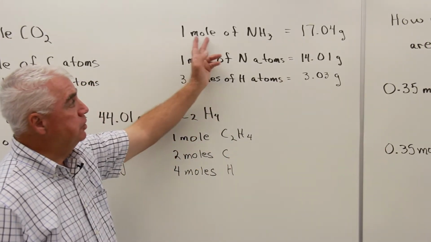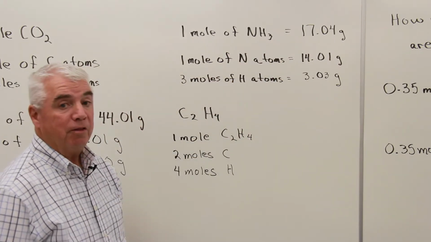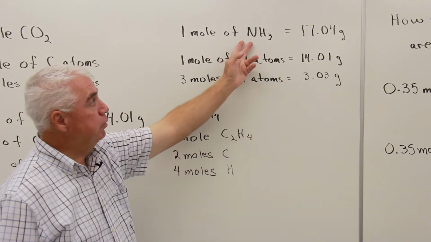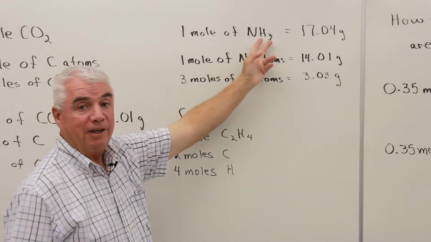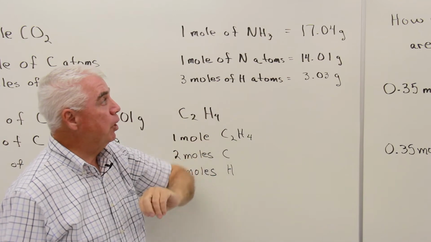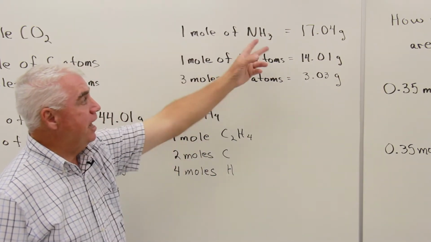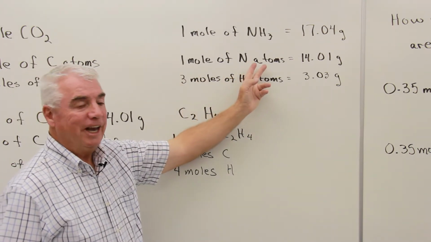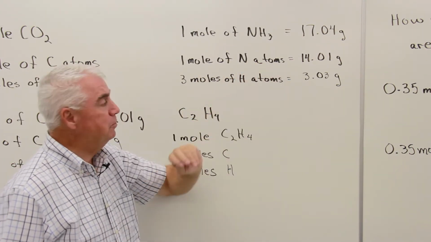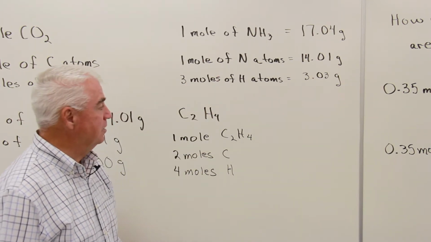1 mole of NH3 is 17.04 grams. Using the periodic table, nitrogen has an atomic weight of 14, hydrogen is 1, there are 3 of those, and the total is 17.04. Within that sample then, we've got 1 mole of nitrogen atoms, 14 grams, 3 moles of hydrogen atoms, or 3 grams.